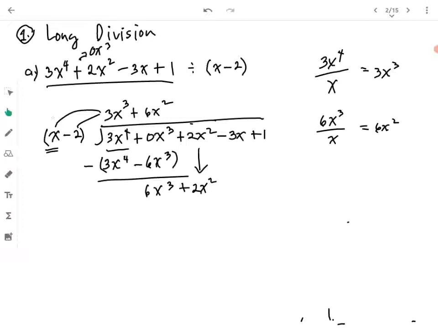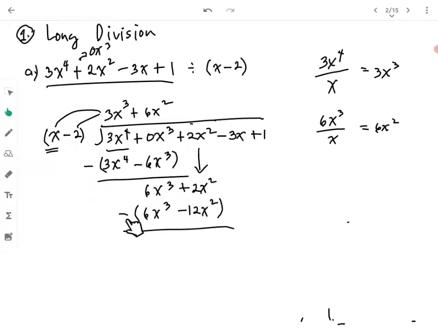Again, let us distribute this to x and to negative 2. If we multiply 6x squared and x, that gives us 6x cubed. And if we multiply 6x squared and negative 2, that will give us negative 12x squared. Then we subtract. 6x cubed minus 6x cubed gives us 0.